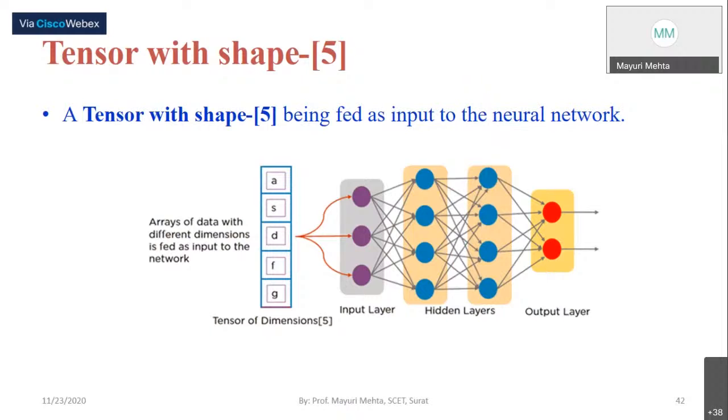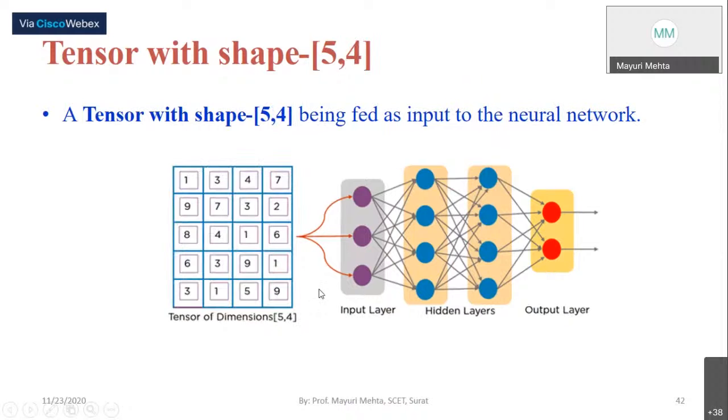For example, here you can see that the data is always represented using a tensor, that is, using an array. It may be a one-dimensional array, two-dimensional array, three-dimensional array, right? It depends on the type of your data.